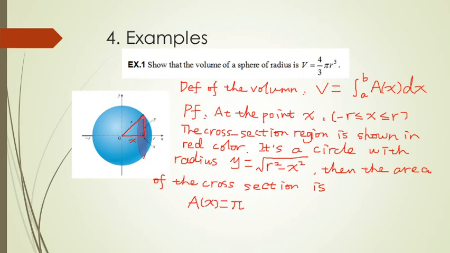The cross section region shown in red color is a circle, and we know the radius. So the cross section area will be pi y squared, which is pi times (r squared minus x squared), right? And we know this is the cross section area at the point x.